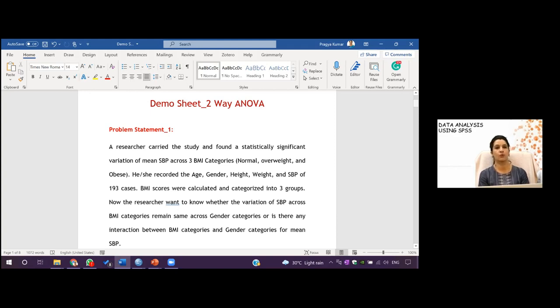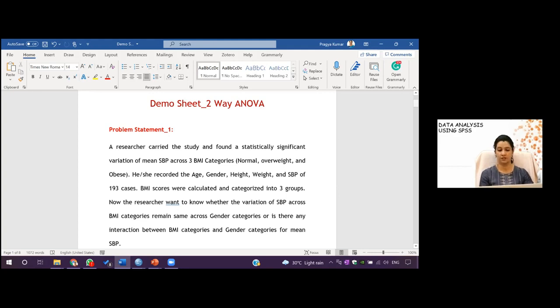Now the researcher wants to know whether the variation in systolic blood pressure across these 3 categories is affected by gender or not. So I will add another variable, gender. The continuous dependent variable will be the systolic blood pressure, and the main independent variable will be the category of BMI.